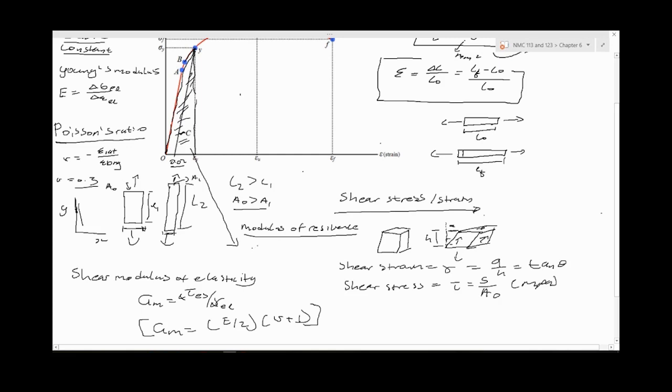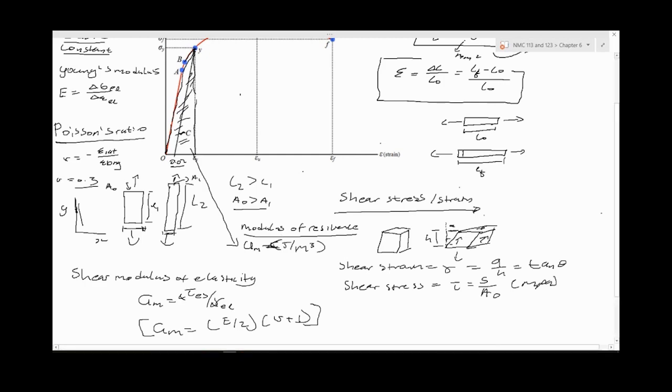It's measured in joules per cubic meter. So it's the amount of energy that a material is able to absorb per unit volume before it starts to deform plastically.